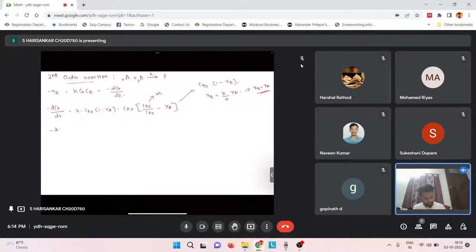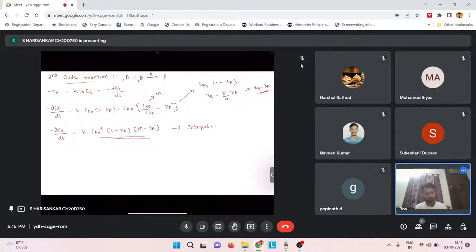Okay. So now if we rearrange this, dCA by dt is equal to k CA0 square into 1 minus XA into M minus XA. So this is the differential term for the reaction rate. Now all we have to do is integrate this. It's basically integration by parts.